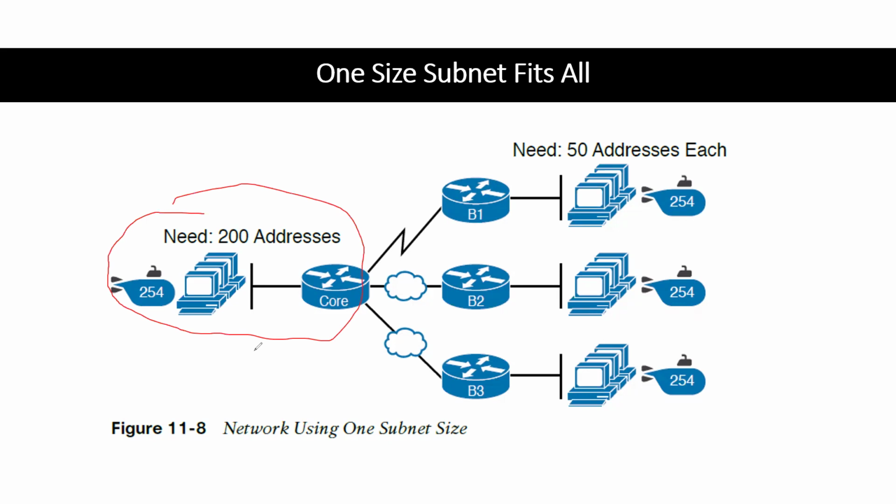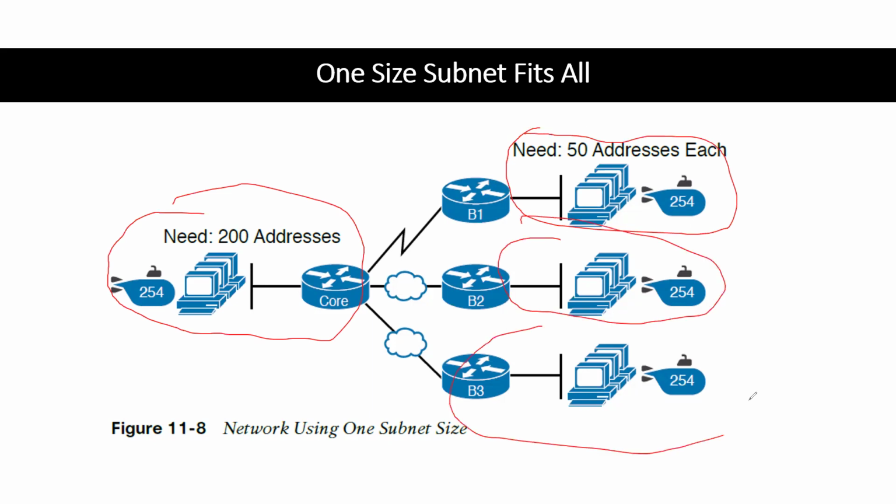This is behind the core network, so we're going to call this HQ. All three of these networks need 50 IP addresses each. And of course, we have our connections to our ISPs, to our branches, from our HQ to our branch. They're going to need just two addresses, right?